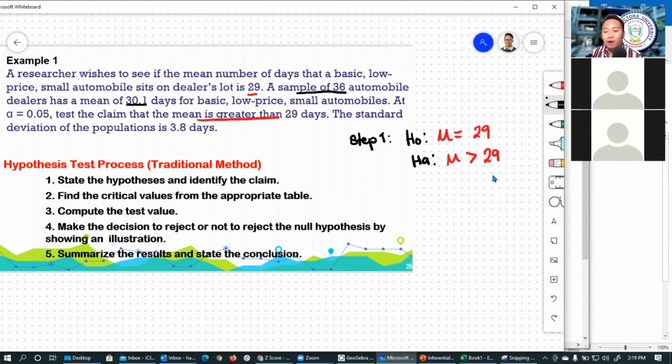The null hypothesis and the alternative hypothesis. You have to choose one of these two hypotheses. So this is what I mentioned earlier: you have to level your reading comprehension a little bit higher so that you would be able to understand the situation in the problem. So alternative, very good. Good job.